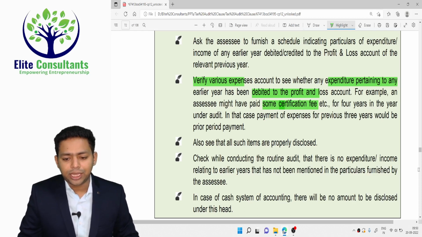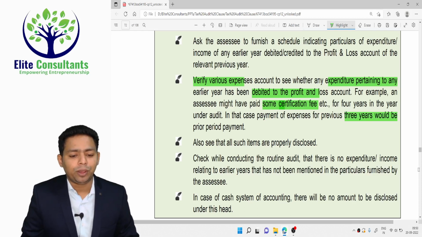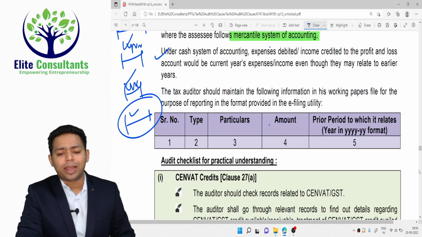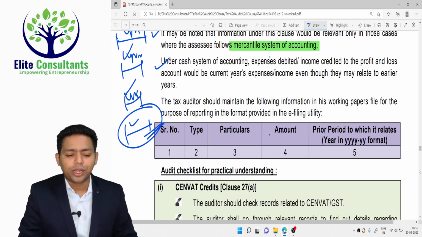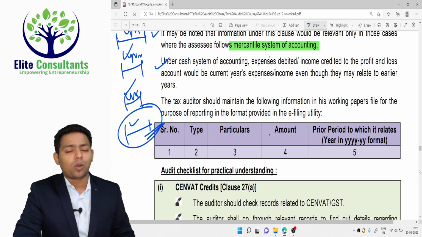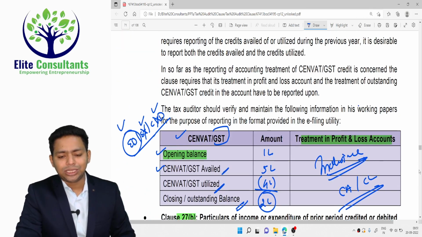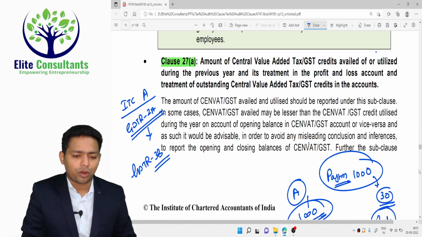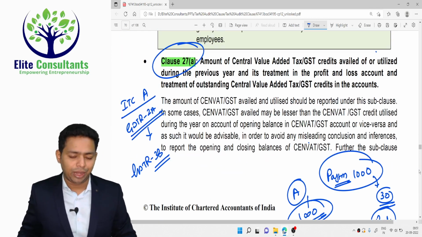In that case, the expenses for previous 3 years would be prior period items, and for that disclosure is required here. We are not talking about allowability and disallowability, only disclosure we need to have here under clause number 27B. So this is it. It is not that difficult to understand, and the majority of you are already doing the reporting under clause 27A. Thank you.